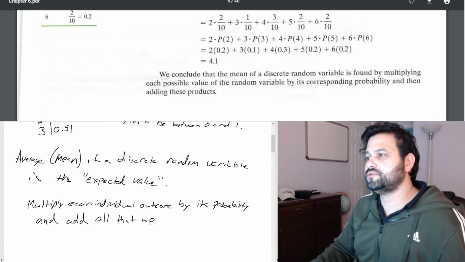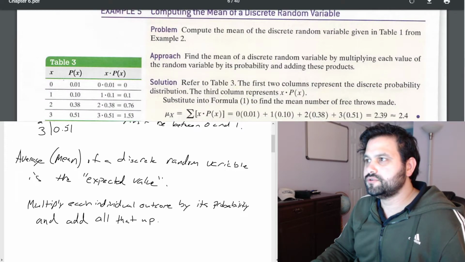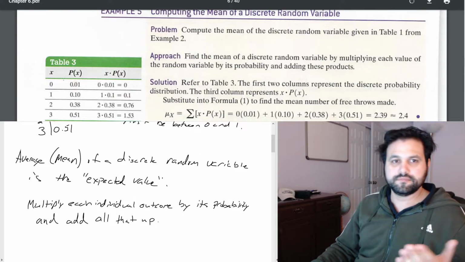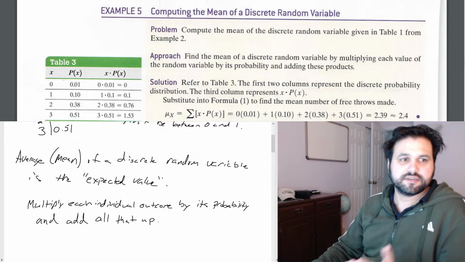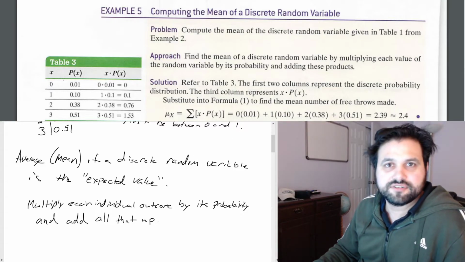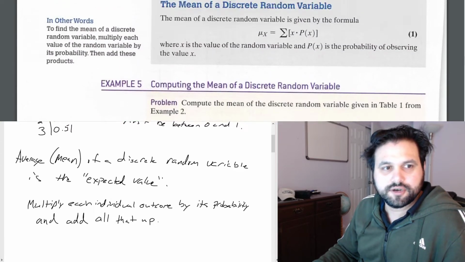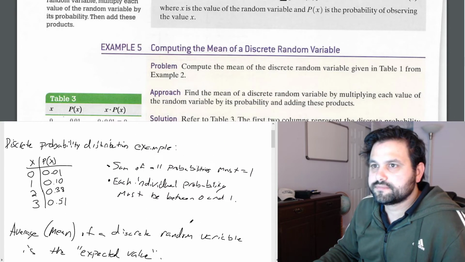So if we want to apply that to the example we were talking about before, shooting 3 free throws, we have this probability distribution, and we're going to find the average of that distribution.